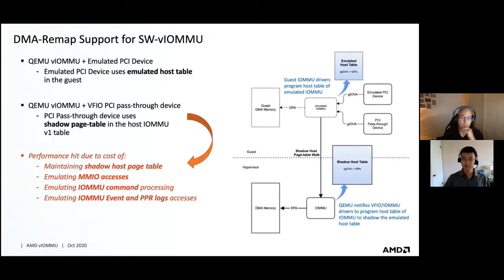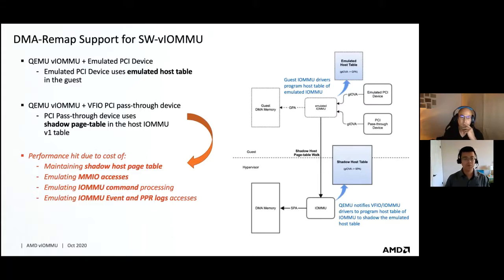Obviously, this shadow host table maintenance creates some performance hit. Imagine that any time the guest IOMMU driver updates its page table, we need to reflect that change in the shadow host table used by the real hardware.